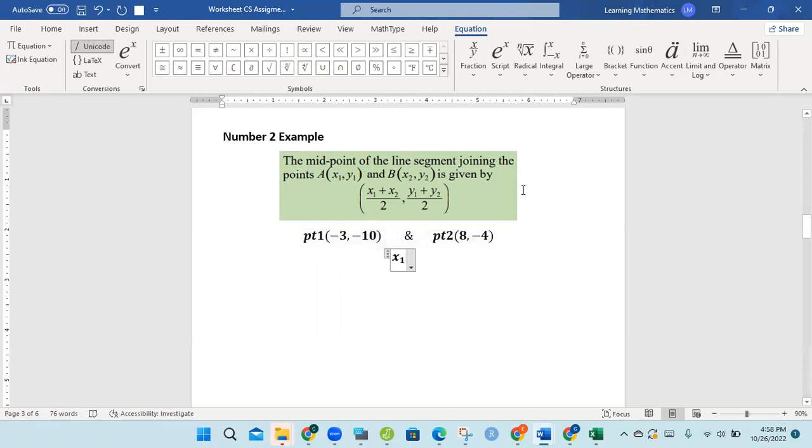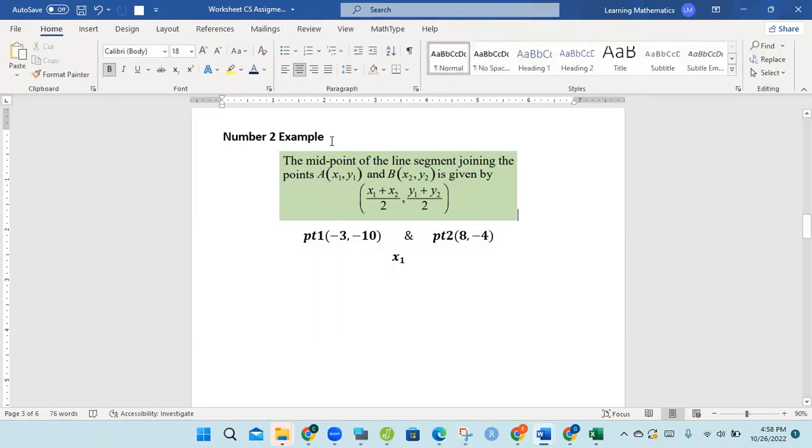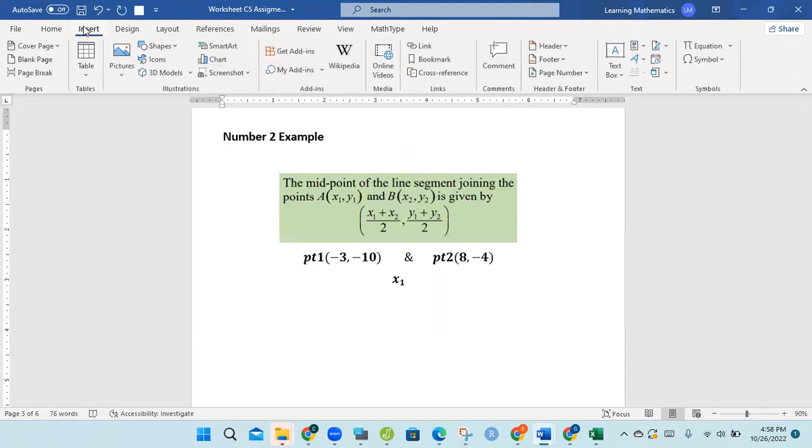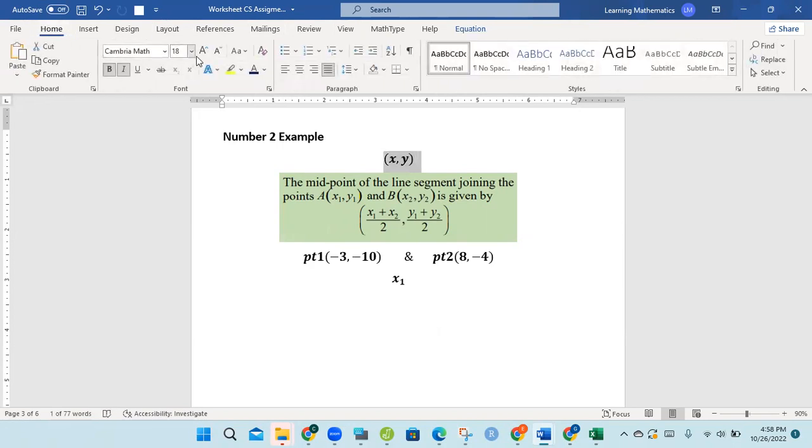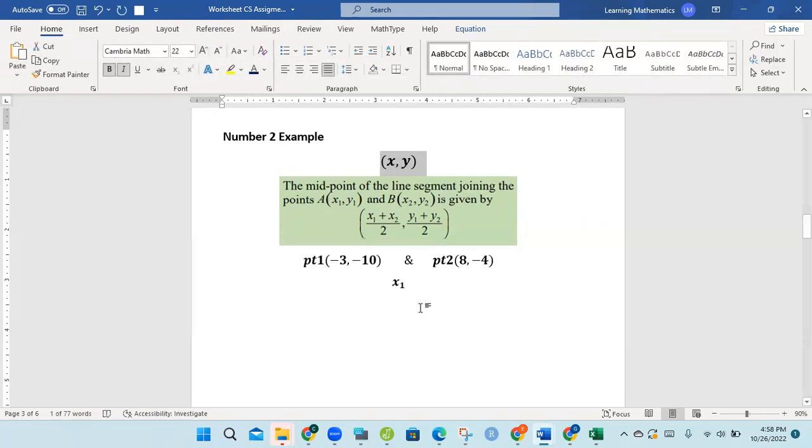All right. Now we know that any point consists of 2 coordinates, and the x coordinate comes first and the y coordinate comes after. That's the convention for coordinates of a point. So that negative 3 should be x1. And y1 now should be equal to negative 10.